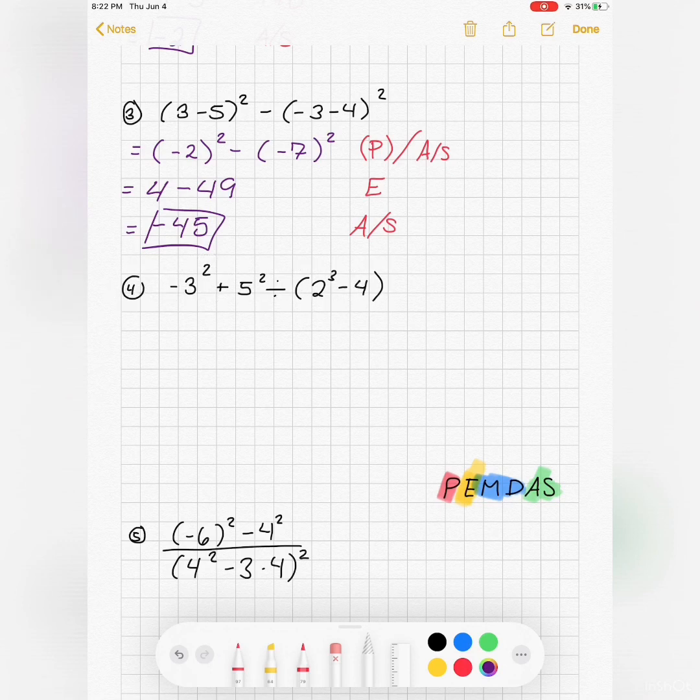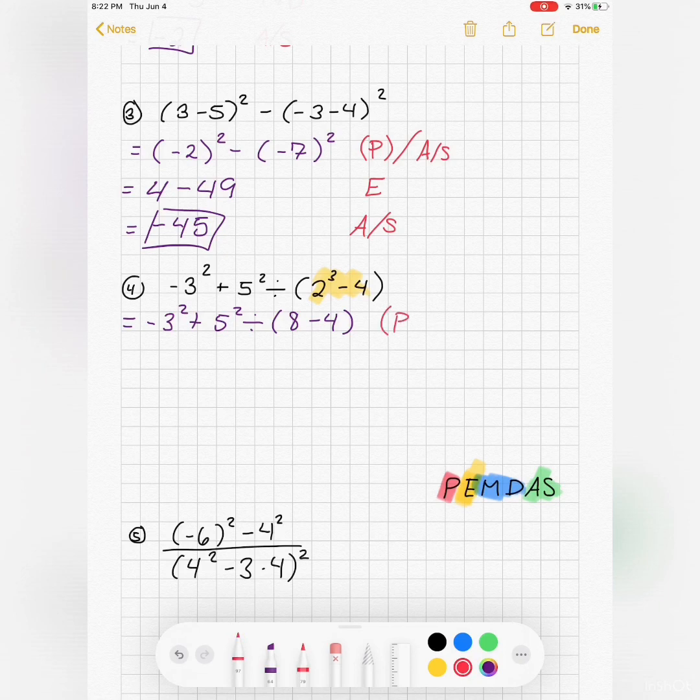Okay, what about number 4? Okay, so first I look inside the parentheses. And then inside the parentheses, I'm really following the same order. So I'm saying, okay, so what is going on inside the parentheses? Well, I have to apply the exponent before I do the subtraction.